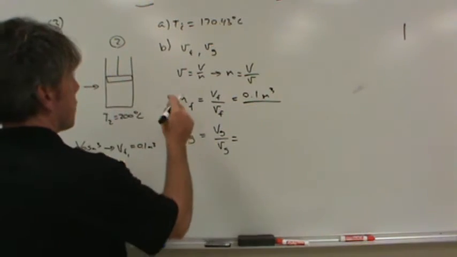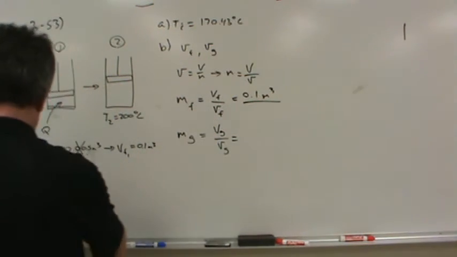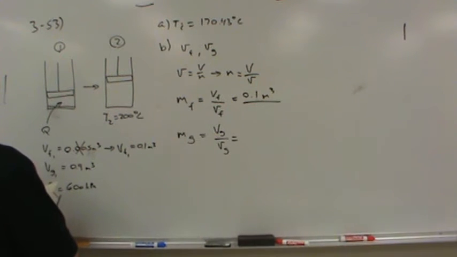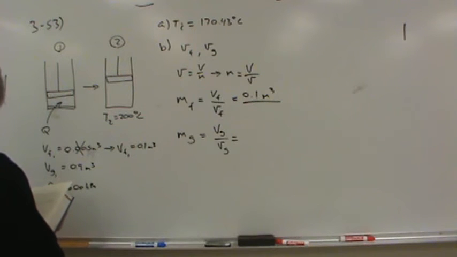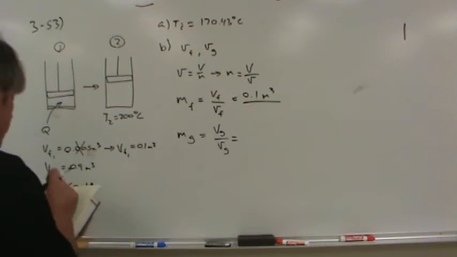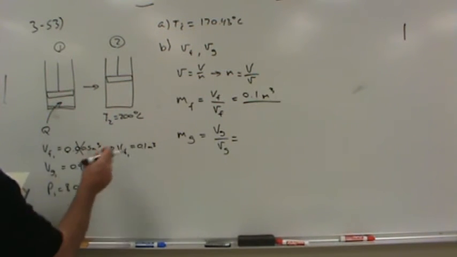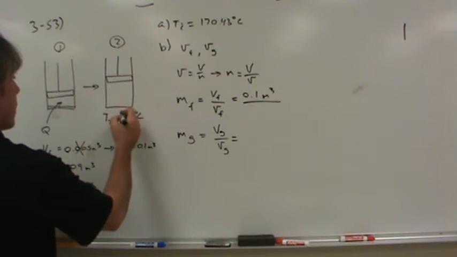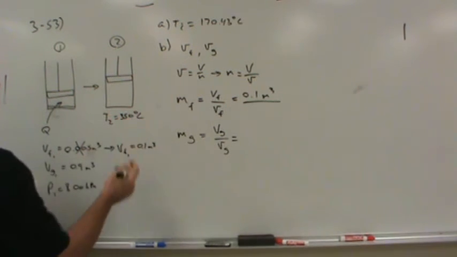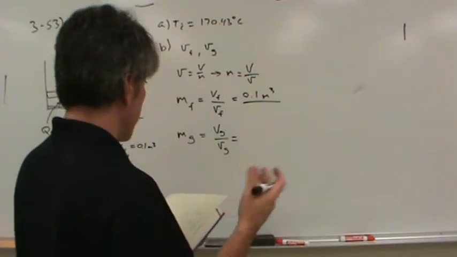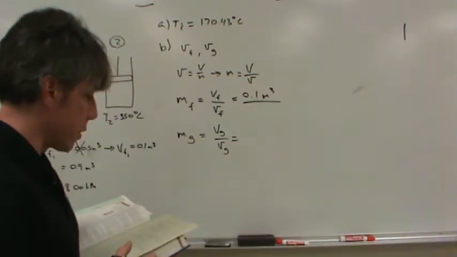Anyway, the specific volume of saturated liquid at 600 kilopascals, let me make sure that's still the same. No, this one's for 800 kilopascals, so many of the numbers are changed. So I'm working a problem like 53, but not exactly the same. In fact, the final temperature is 350 in the problem that I'm working. But you can do the same thing, and of course you'll have slightly different numbers.